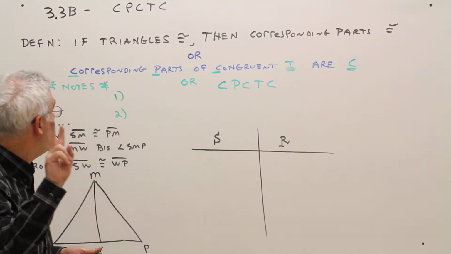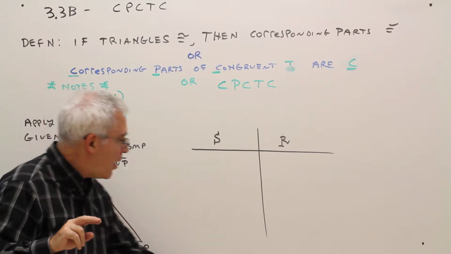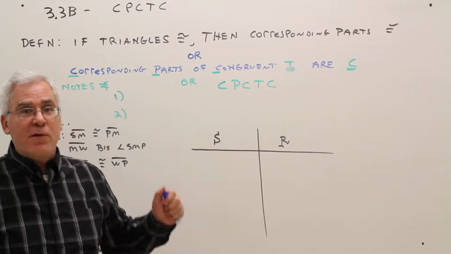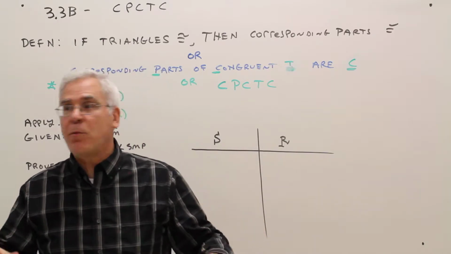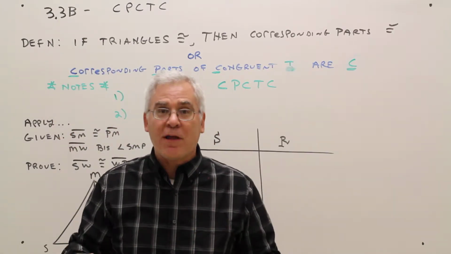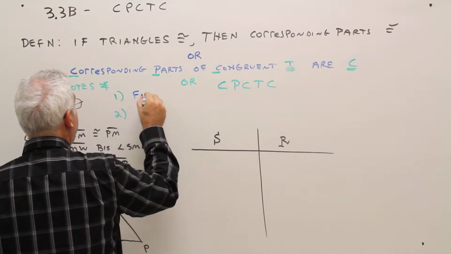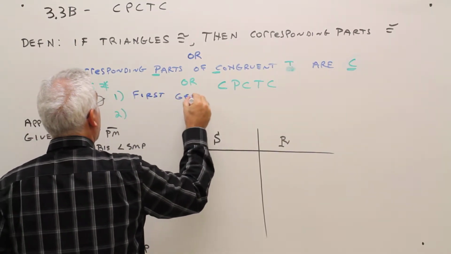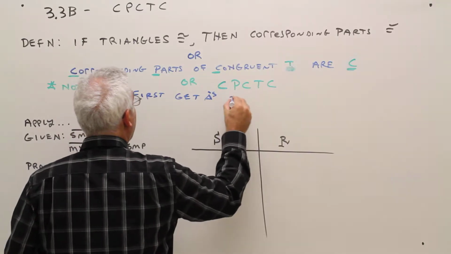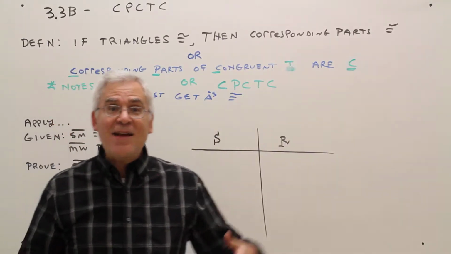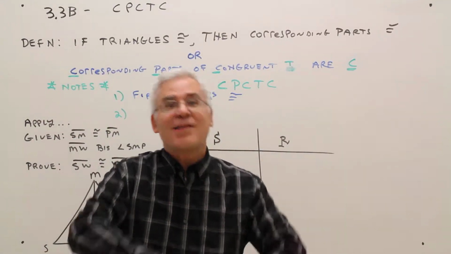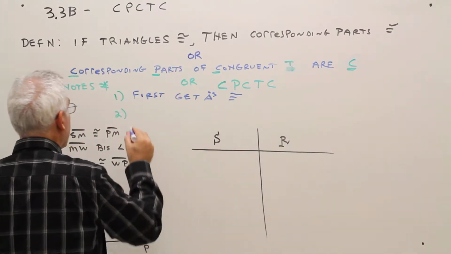Okay, I've got 2 big notes here. When we're using CPCTC, we will always first get the triangles congruent. First, get triangles congruent. And then once we get the triangles congruent, then we'll get the parts.